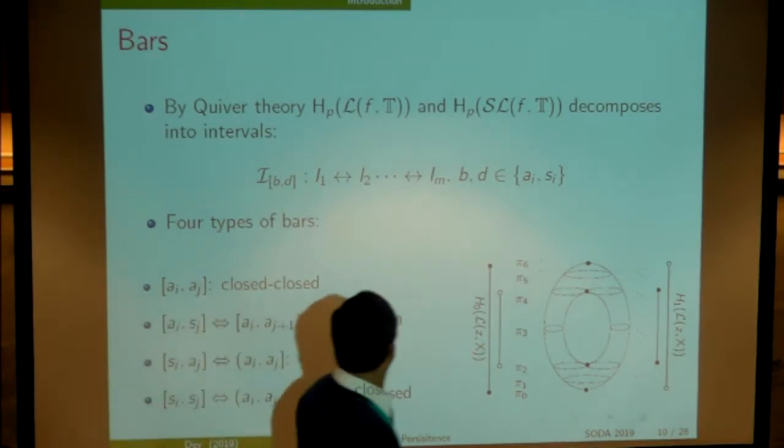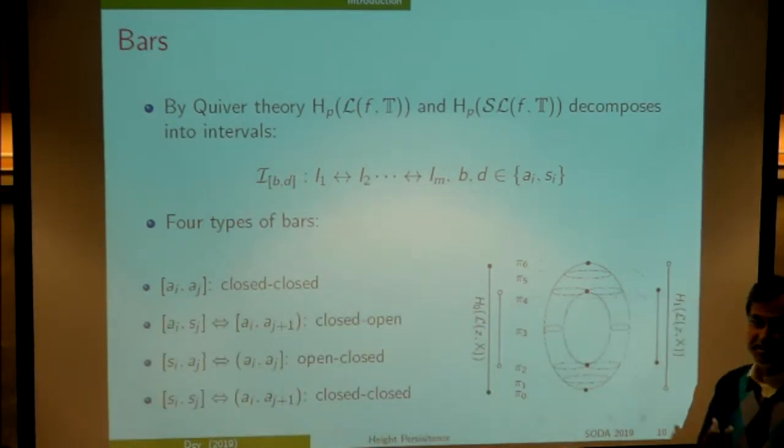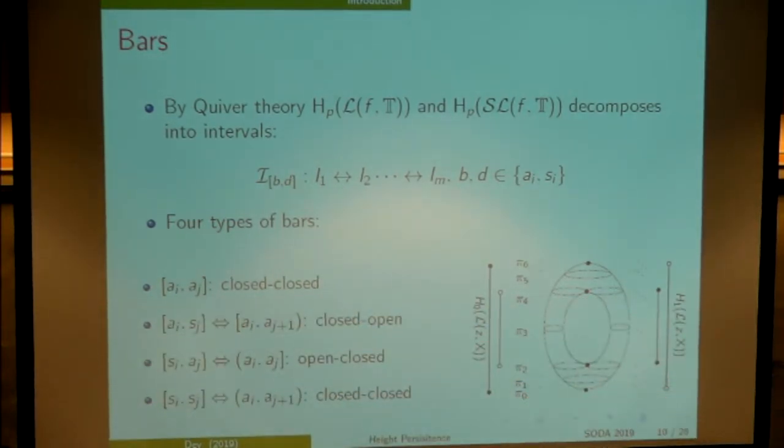Now, one more thing I have to distinguish is that there are four types of bars, which do not appear in standard persistence, but in zigzag level set persistence these four types appear. This is much more general than standard persistence.